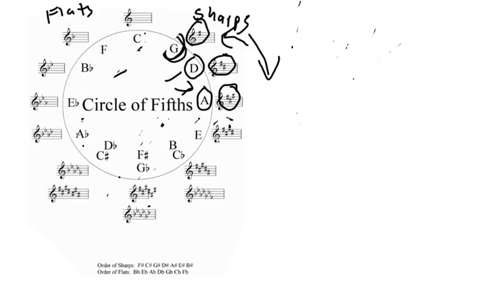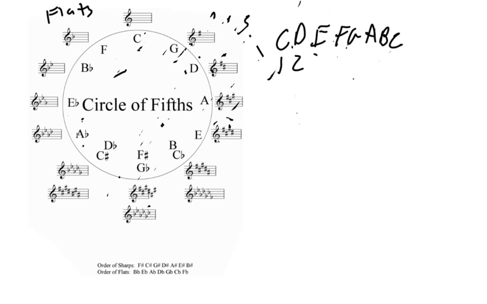If you imagine a major scale, we'll go with a C major scale, C, D, E, F, G, A, B, C, and then number it 1, 2, 3, 4, 5, 6, 7, 8. You'll notice that there are only 7 distinct pitches in a C major scale.